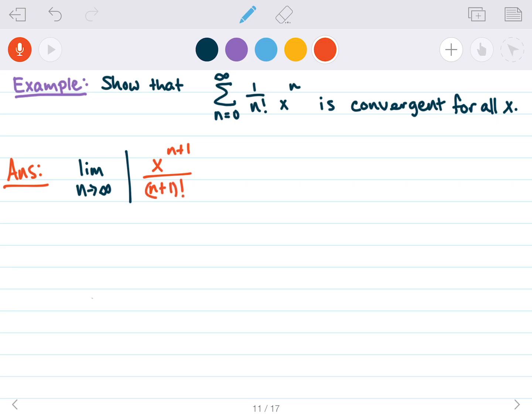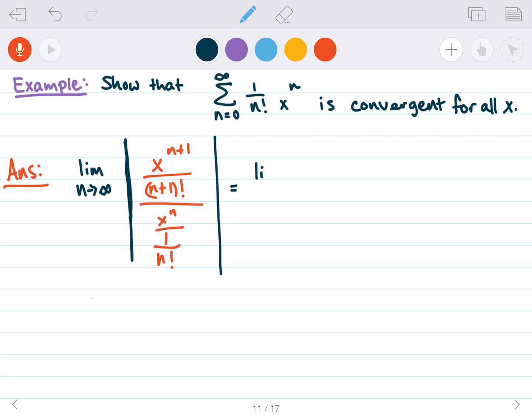And then we're going to divide that by just the regular a sub n, which is going to be x to the n over n factorial. So let's clean this up.